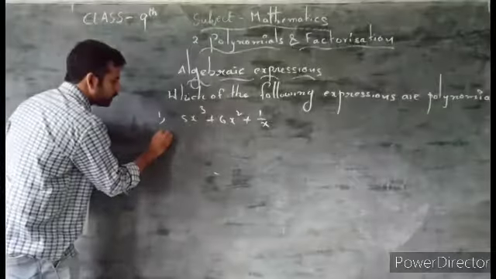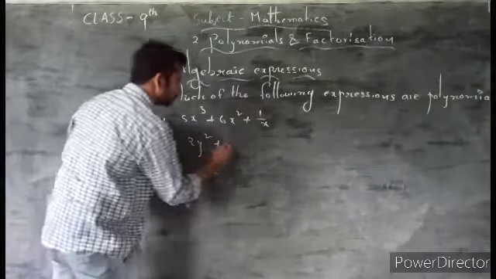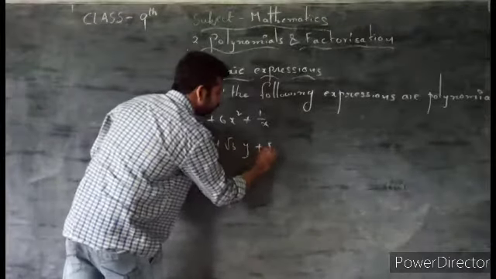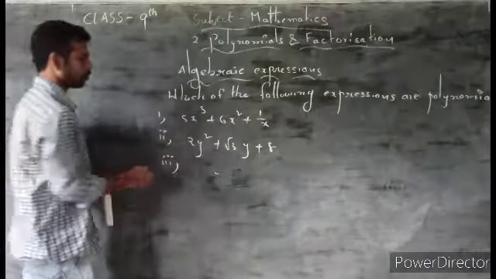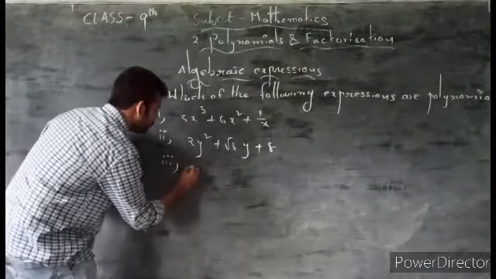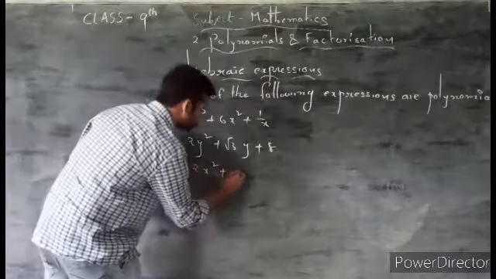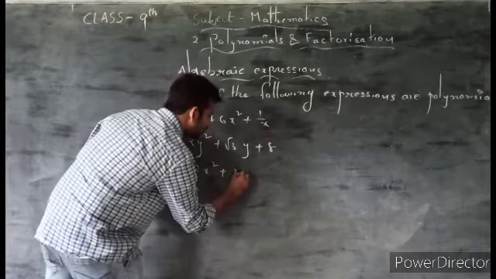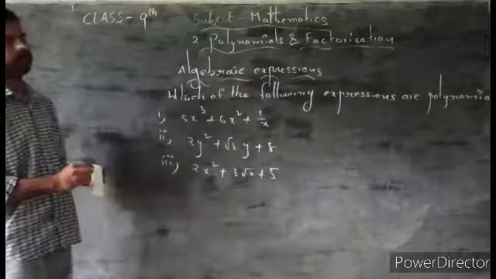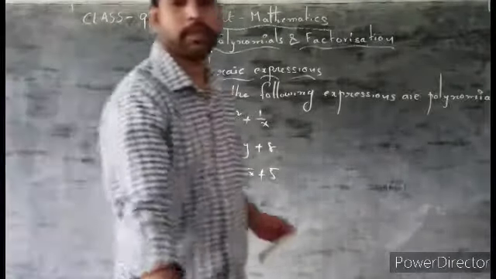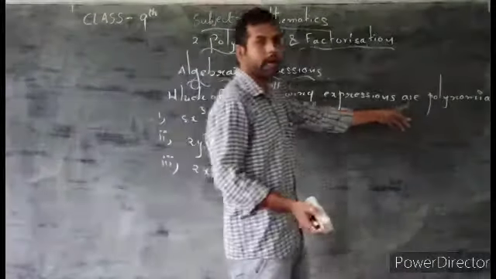And the second equation is 2y square plus root 3y plus 8. And the third one is 2x square plus 3 root x plus 5.